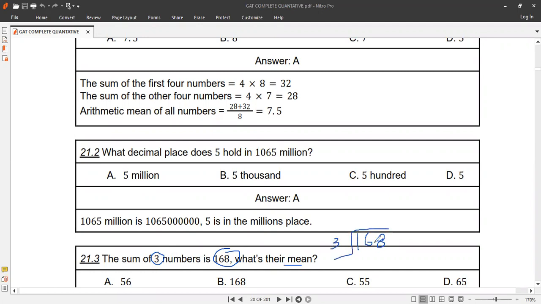You can do long division fast. 16 divided 3 equals 5, because 5 multiplied 3 equals 15. Now we subtract, equals 1. Now 18 divided 3 equals 6. So 56.